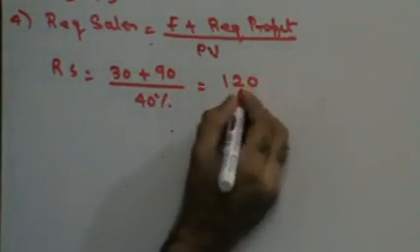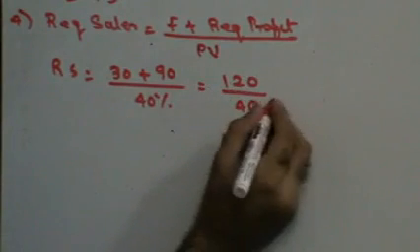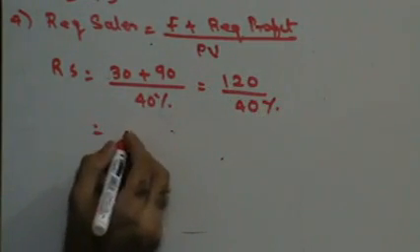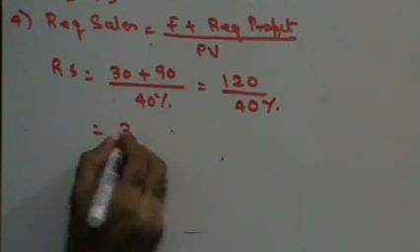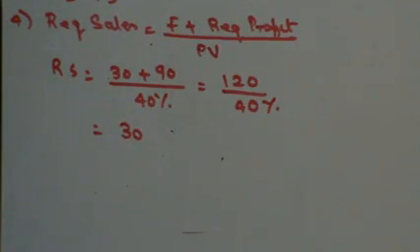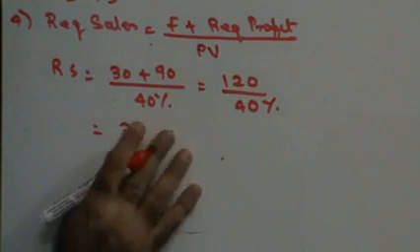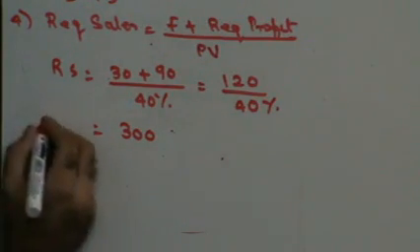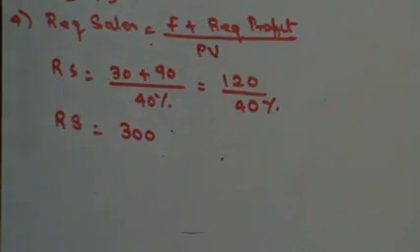So this is 120 upon 40%. Someone cross check this please. 300. So the required sales is 300 lakhs. So if you make a sales of 300 lakhs, you will earn a profit of 90 lakhs.